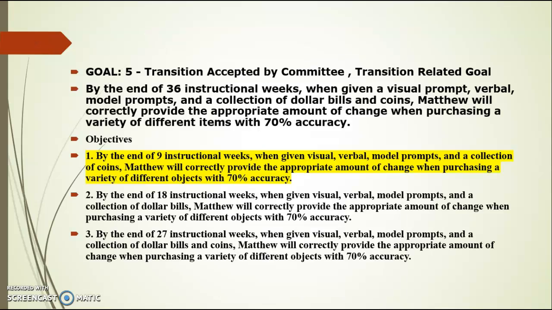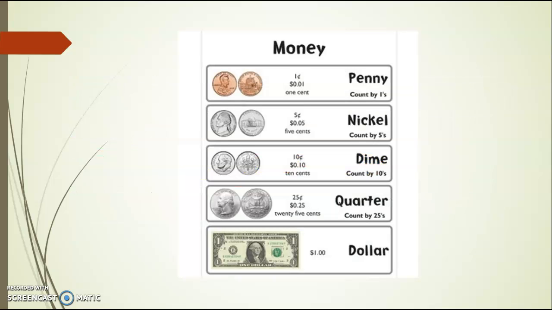So for goal number 5, Matthew, we are going to be providing appropriate amount of change when purchasing different objects or items. So for this goal, we need to know the value of each coin and dollar bill.